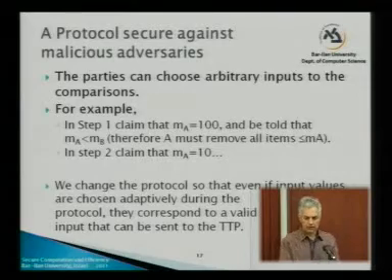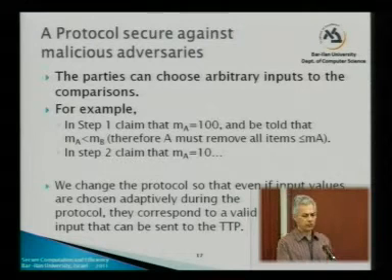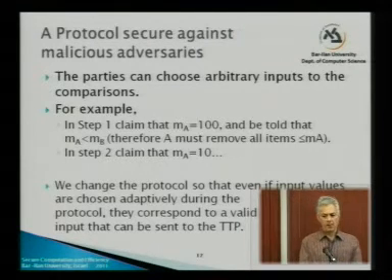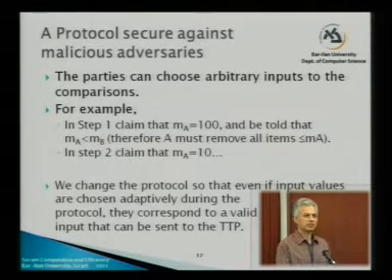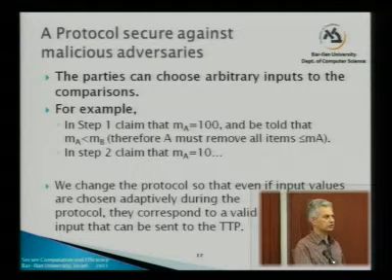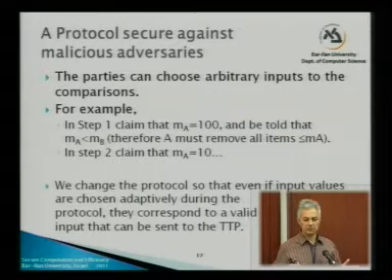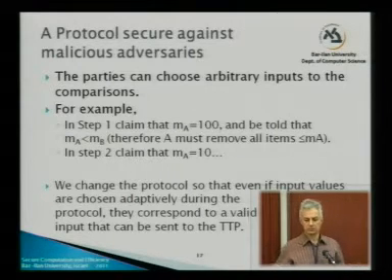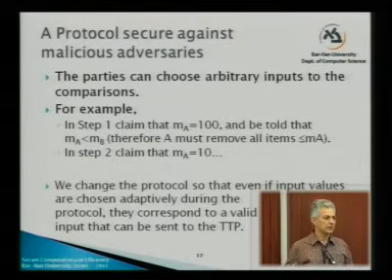Okay. So now we want a protocol secure against malicious adversaries which computes the median. And as I told you, a major issue that might happen here is that the parties might provide inconsistent answers. Say, Alice is told to remove all items whose value is greater than 100, and then in the next step she reports a value of 1,000 as her median, or vice versa.